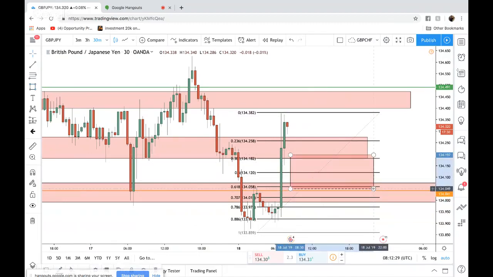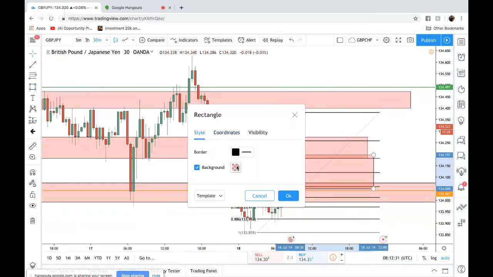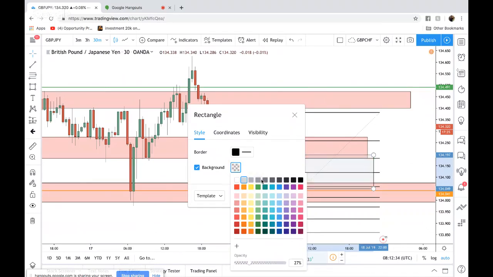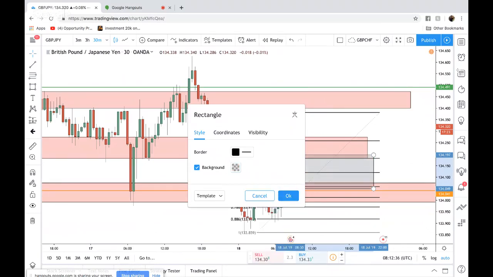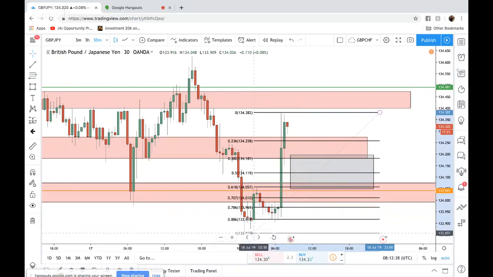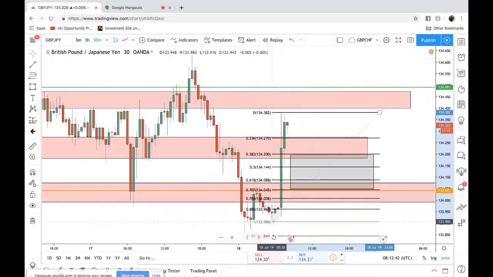So let me just make it a different box color. Okay. That's from the lowest swing to the highest swing. Then the next major swing, it would range from just the same area to about right here. That's where 618 is.